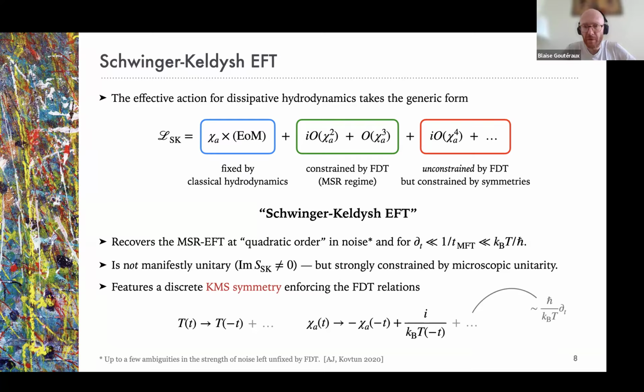What goes wrong if you invert the last two inequalities? If you let temperature be smaller than this other microscopic timescale? Yeah, okay. So this microscopic timescale is actually defined as the largest timescale that you would have in your theory. And so essentially, if you exchange it, the t MFT essentially becomes h bar over kT.